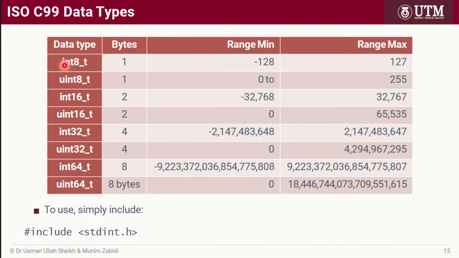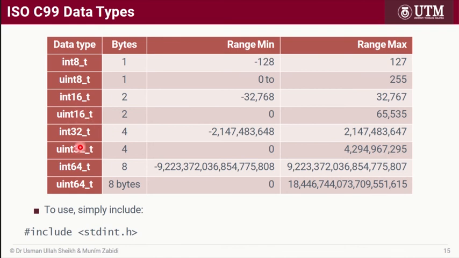This is for signed numbers, starting from -128 to 127. If you put uint8_t, you're going to use unsigned 8-bit data, starting from 0 to 255. If you're going to use 16-bit data, you can use int16_t or uint16_t for unsigned numbers.